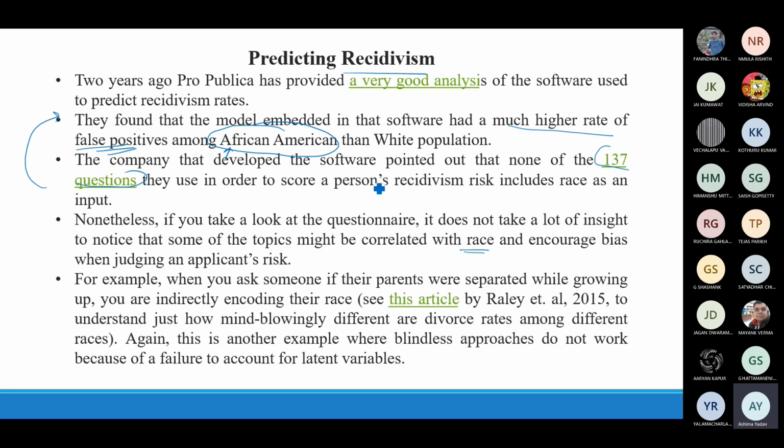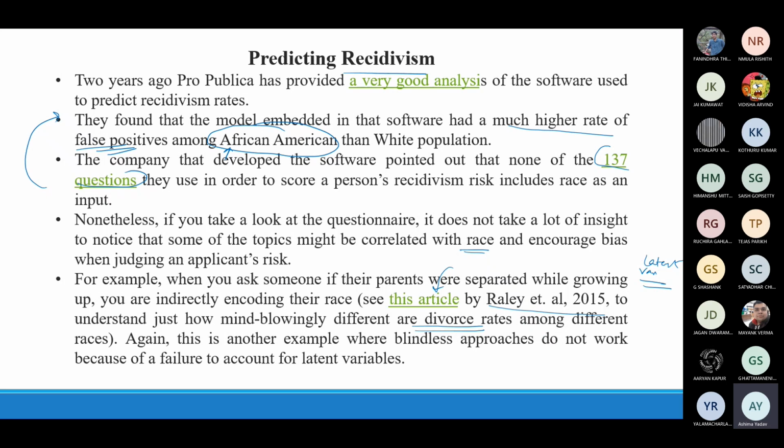However, when I researched again, I saw there were some latent variables indirectly affecting the performance of my model and inducing the bias. How? Maybe there is a column of divorce rate in the questionnaire, and according to an analysis done by Rayleigh in 2015, the divorce rate among African Americans is very high compared to the white population.